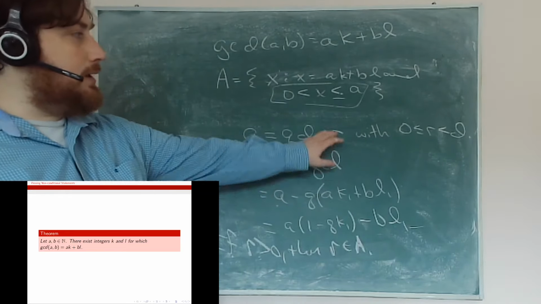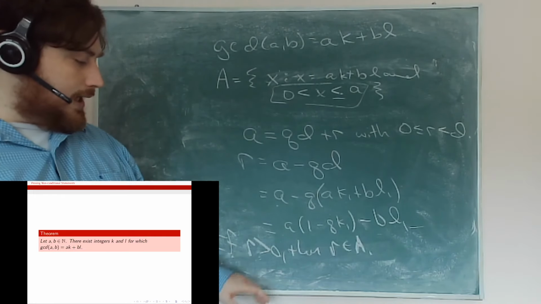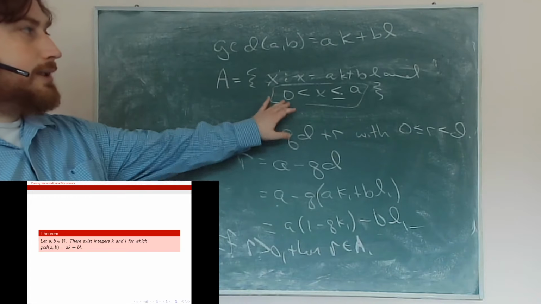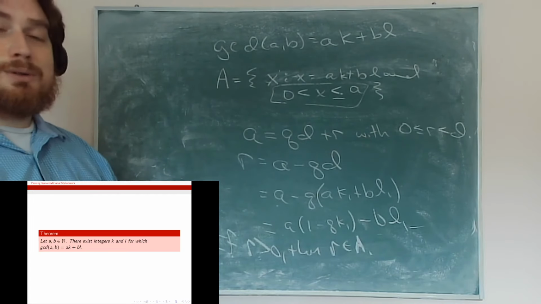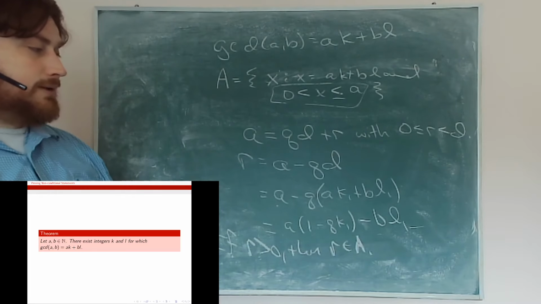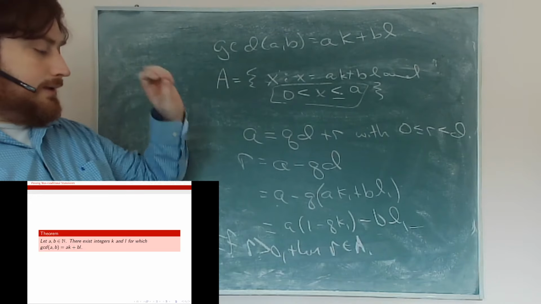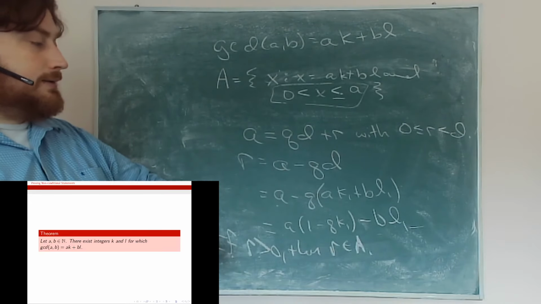Well, remember, D was the smallest element of the set. So if I have a smaller number in that set, that contradicts that D was the smallest element. So therefore, R cannot be greater than 0 because D was the smallest element of the set, and if R was greater than 0, that contradicts that.